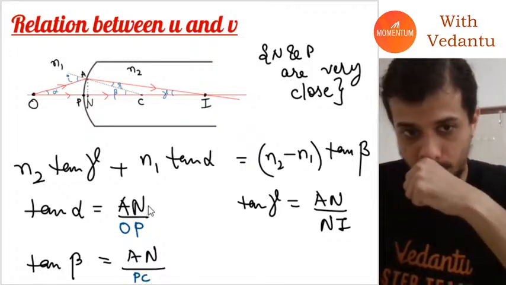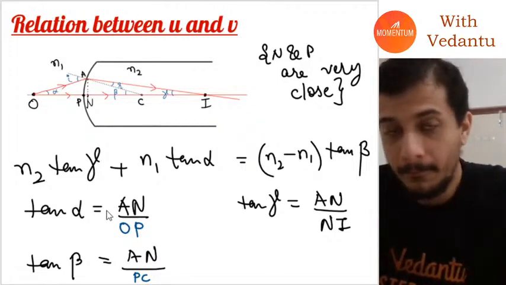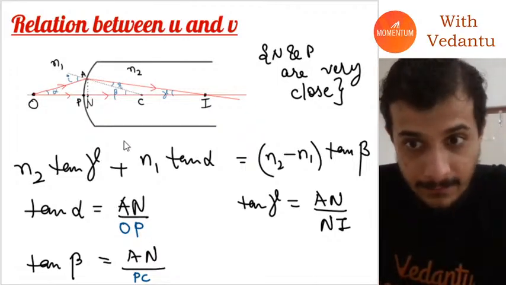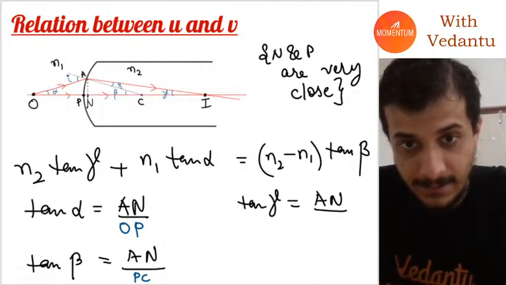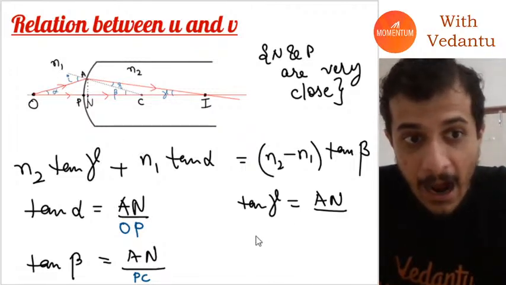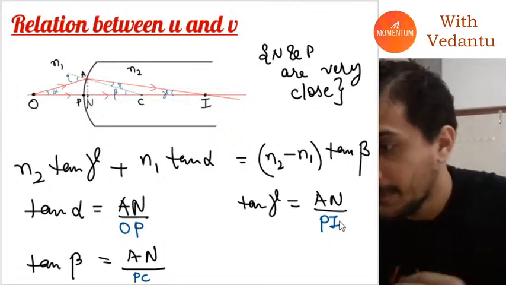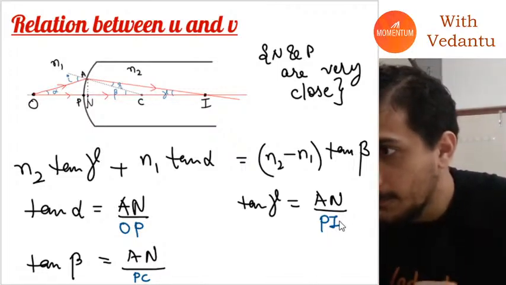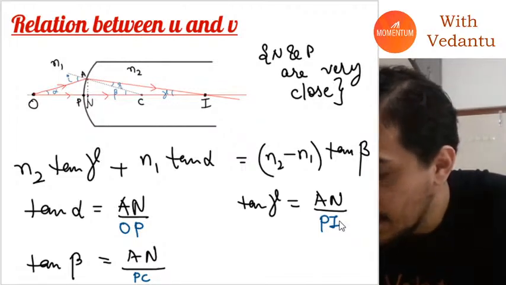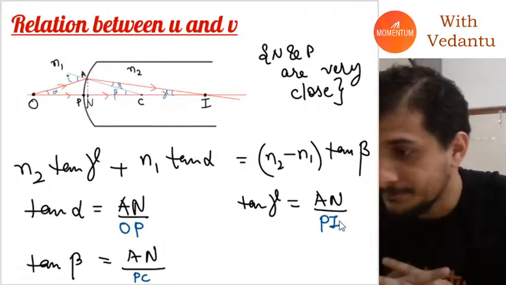And finally, I can write this NI as just equal to PI. Okay, I hope everybody understood.